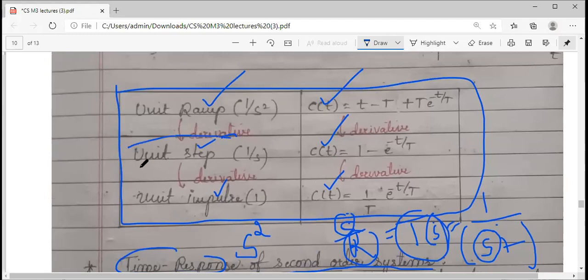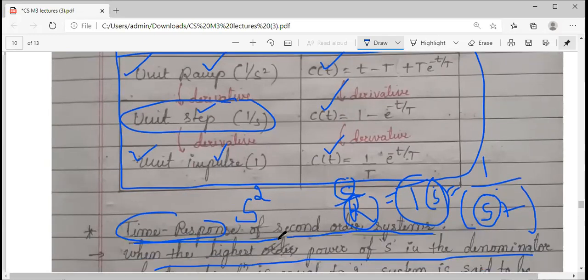Here in the second order, we will look only at the unit step input and what the output of the second order system is.